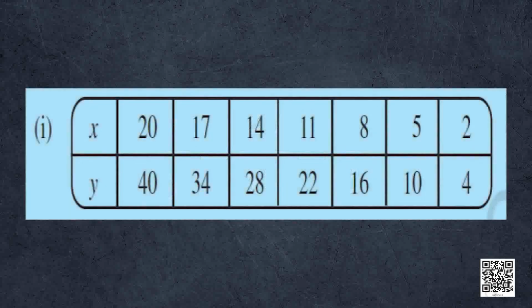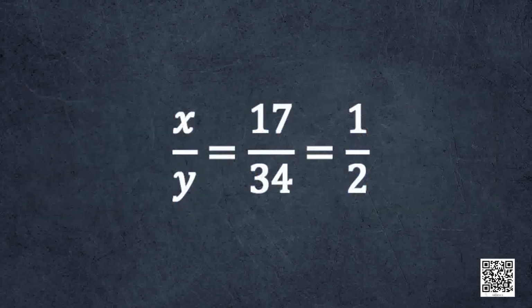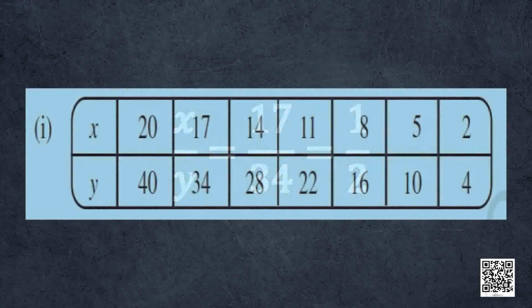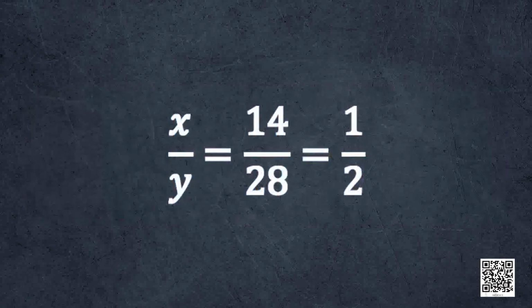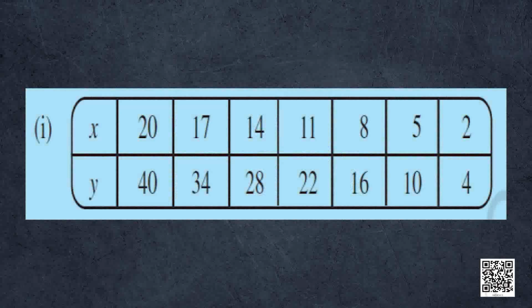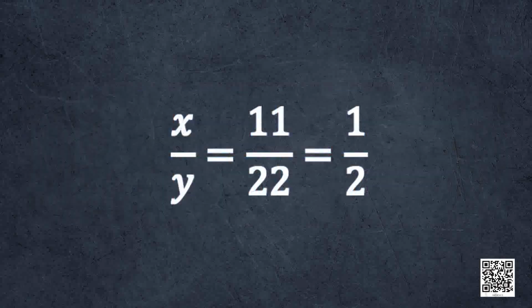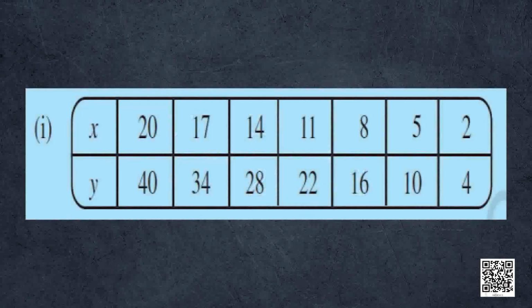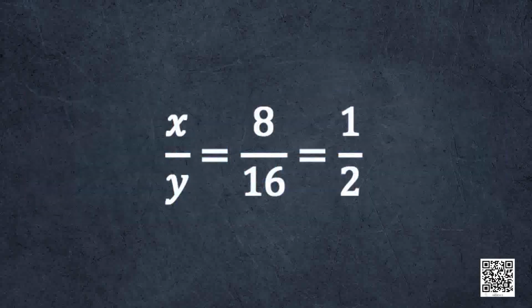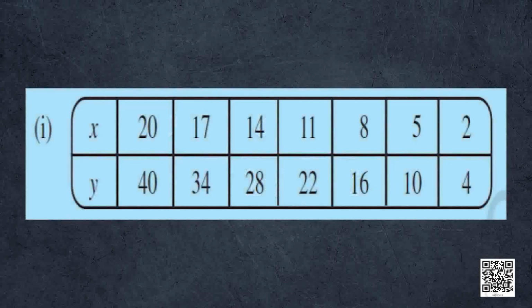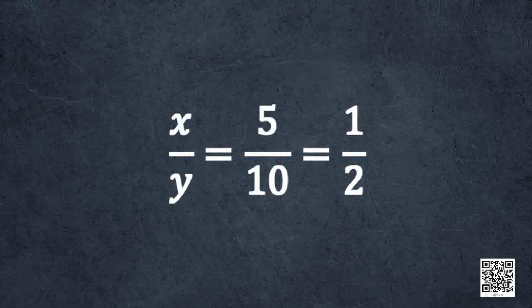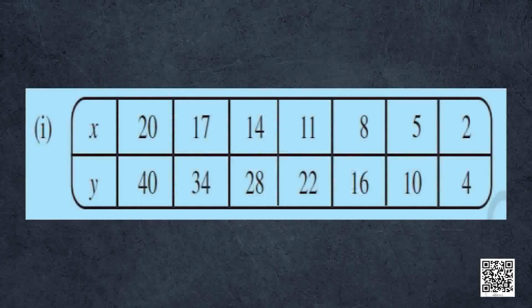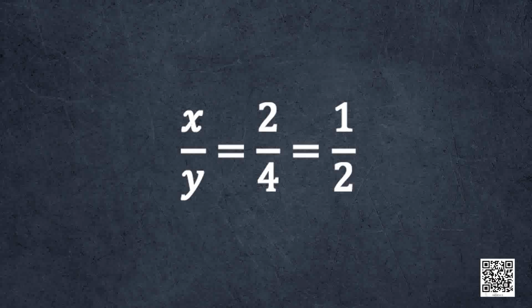Next, 17 by 34, which is again equal to 1 by 2. 14 by 28 is equal to 1 by 2. 11 by 22 is equal to 1 by 2. 8 by 16 is equal to 1 by 2. 5 by 10 is equal to 1 by 2. And finally, 2 by 4 is also equal to 1 by 2.